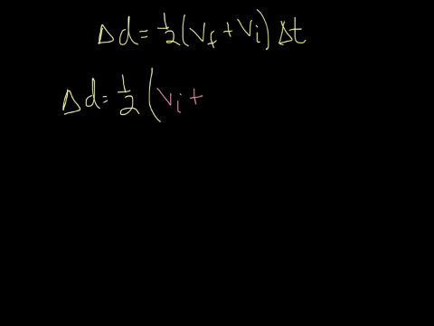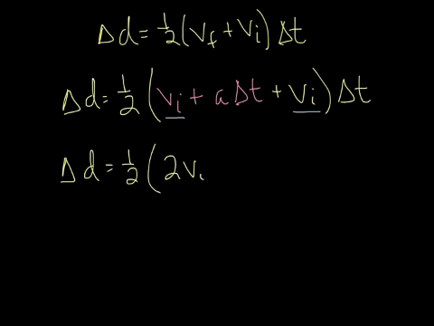d is equal to 1/2 (v initial plus a delta t plus v initial) times delta t. The next step is to combine like terms, the v initial. Then the equation will look like this.